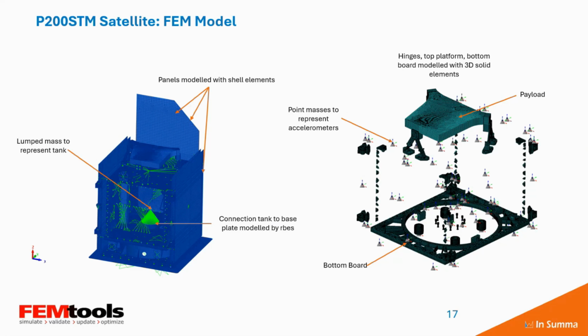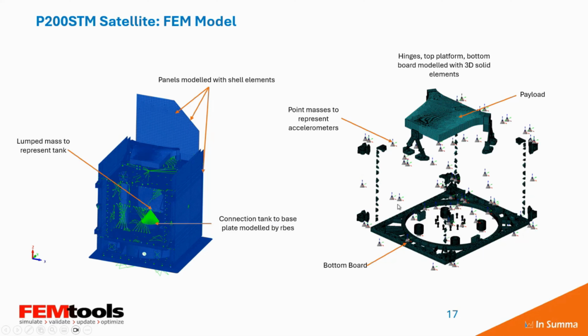And here we have the FE model, or the FEM model, of the P200 STM satellite, which basically consists of panels modeled with shell elements. In the middle, we have a connection of the tank to the base, modeled with RBEs. And the tank itself here is, I don't know if it's possible to see, modeled by a lumped mass, basically, to represent the tank.